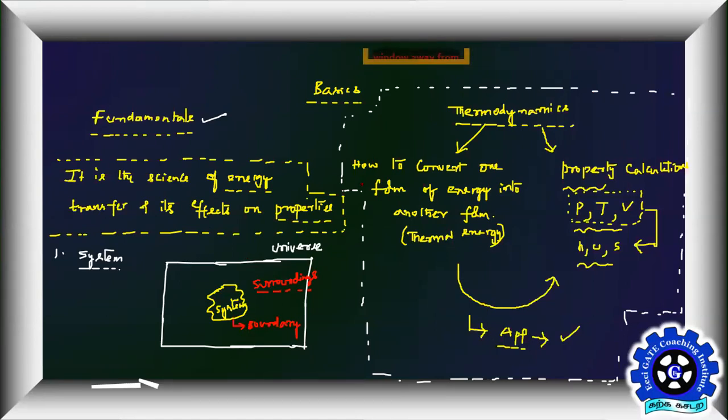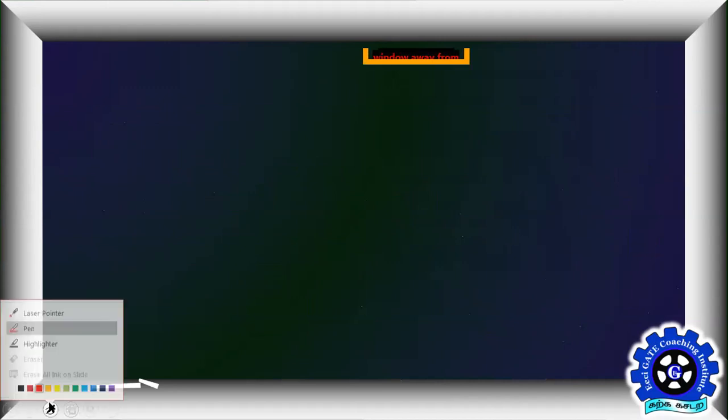Now, a formal definition: a system is defined as a region in space or universe on which the study is focused or concentrated.